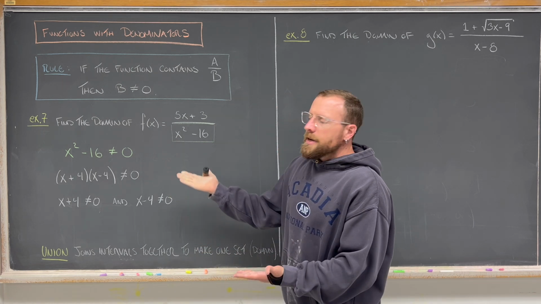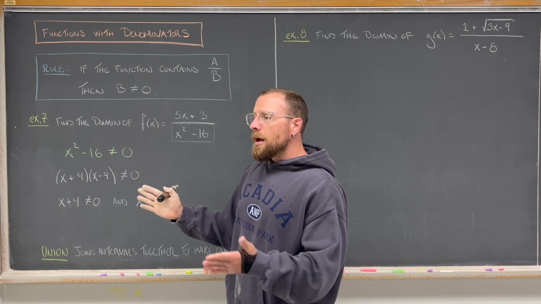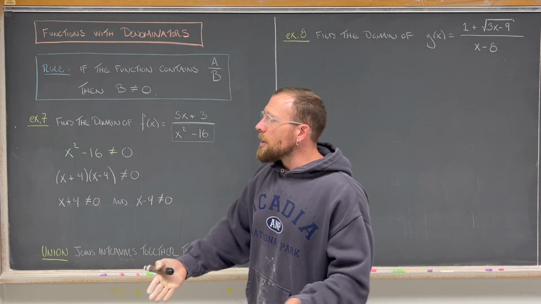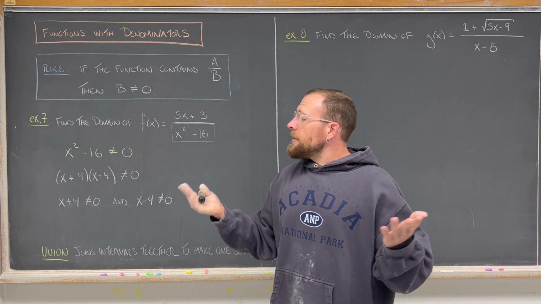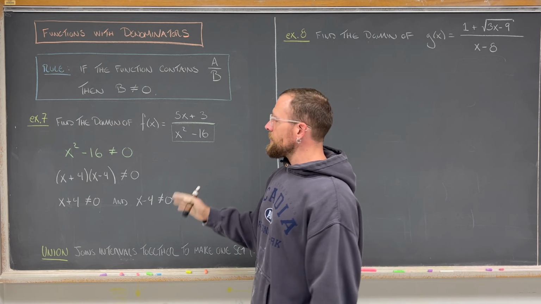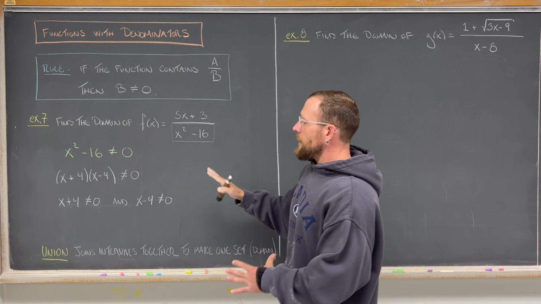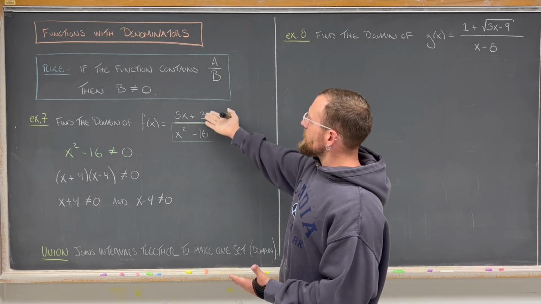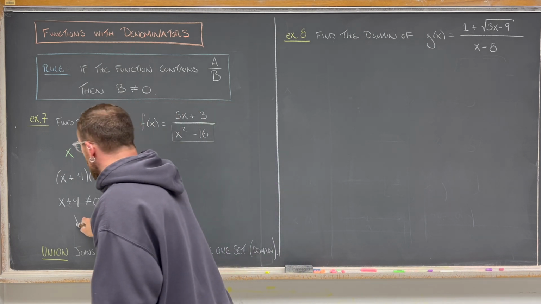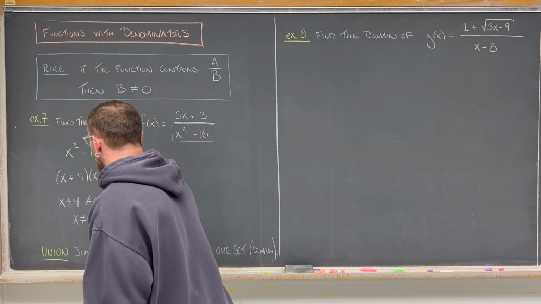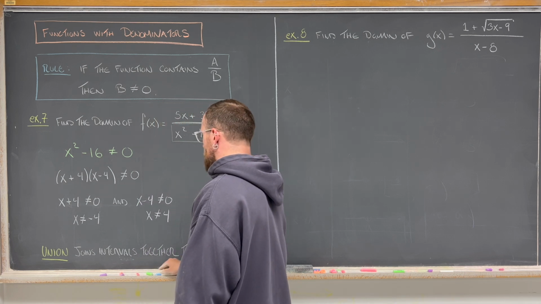Okay, and I'm writing not equal signs. If you wanted to change these to equal signs and solve for what values of x cause the denominator to be 0, and then just know that those are not in your domain, fine. I'm just writing it this way to remind myself that these are the numbers I'm solving to figure out, what do I know about x when I see this expression? I know that x is not allowed to be negative 4, and x is also not allowed to be 4. So this is what it's boiled down to.